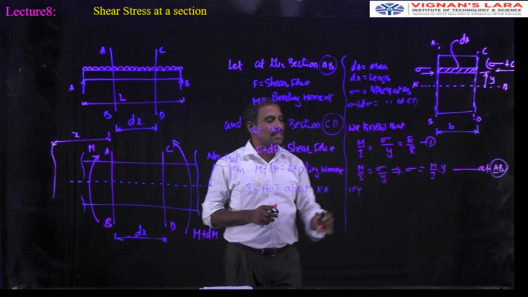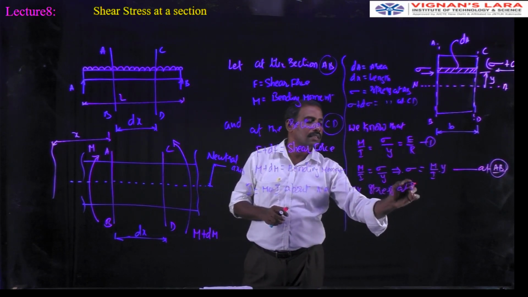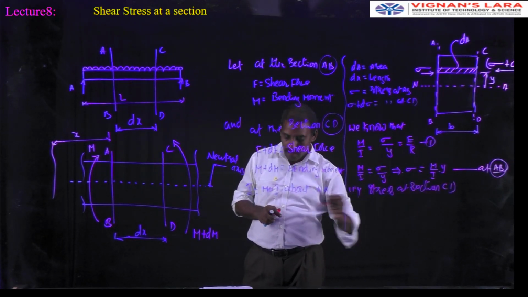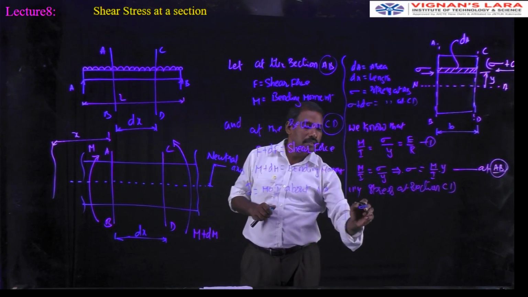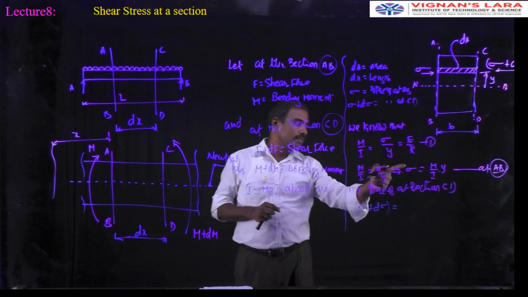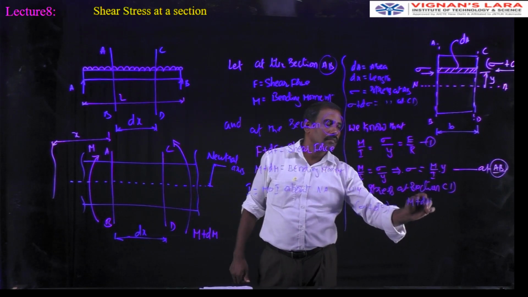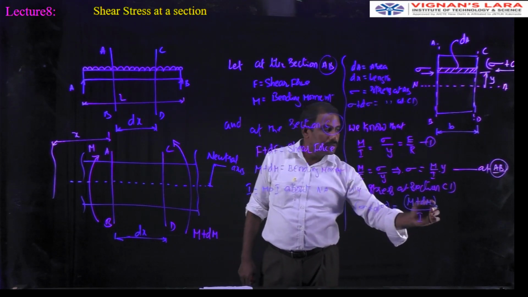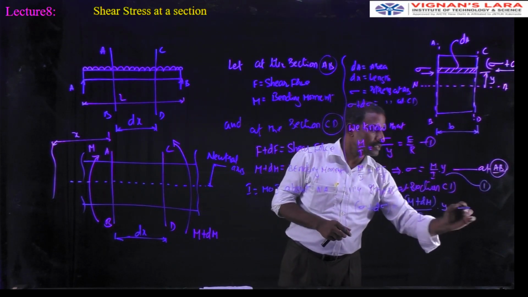Similarly, what about the stress at the section CD? We know that the stress at CD, sigma plus d sigma, is equal to sigma plus, the moment at the section CD, that is M plus dM, divided by I into Y. This is equation number 1, this is equation number 2.